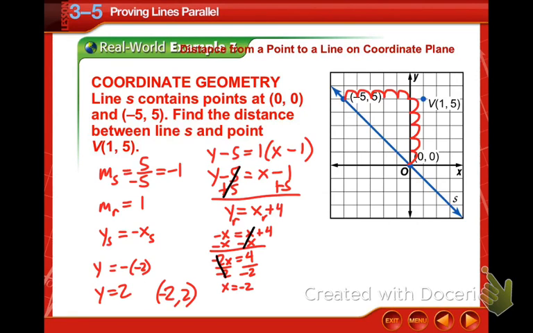So we're going to use the distance formula. Everybody's favorite, right? So our x1 and x2 are going to be negative 2 and 1. So negative 2 minus 1 squared plus our y's, so keep them in the same order, right? Since the x we used was negative 2 first, the y we need to use is the 2, and 2 minus 5.